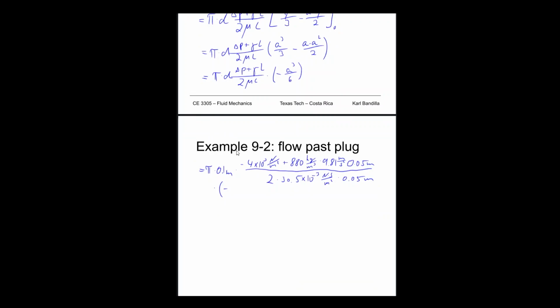So that 0.2 millimeters would be 2 times 10 to the minus 4 meters, and that part is raised to the 3rd power there, and then divided by 6. All right, if we plug all our numbers in, I get 4.90069 times 10 to the minus 7 cubic meters per second.